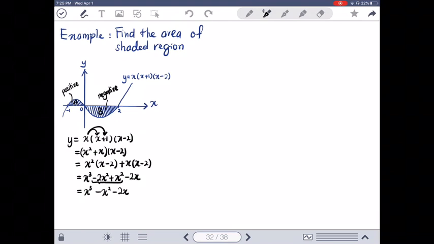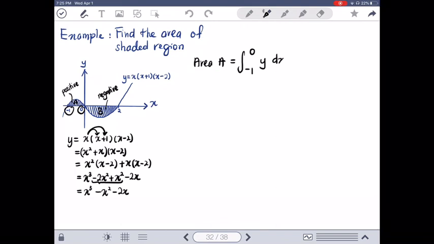Now we find the area A. It's just integration from negative 1 until 0 of y with respect to x.